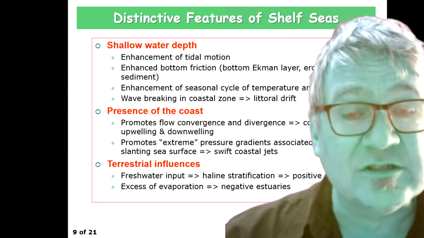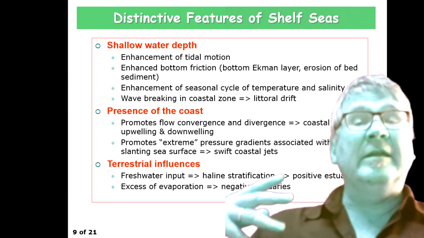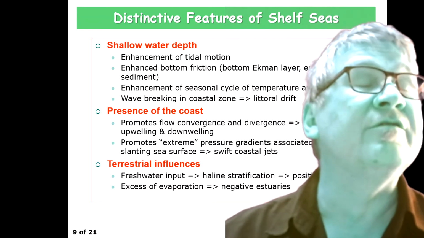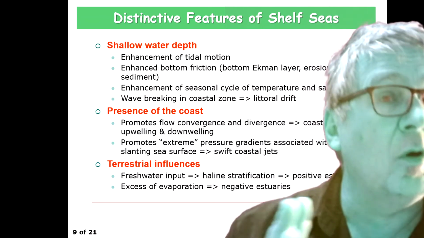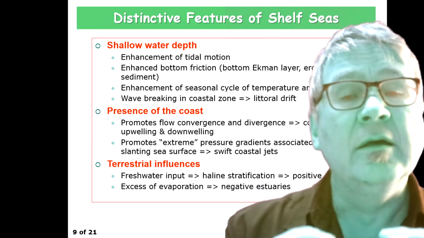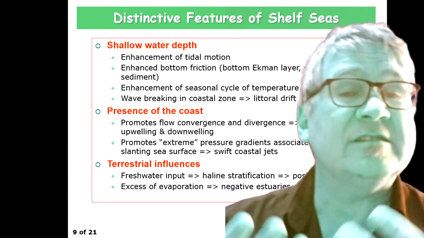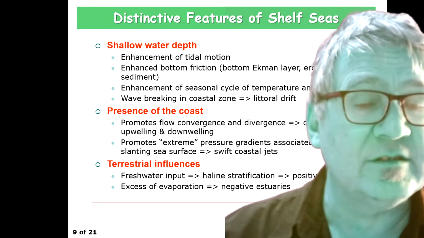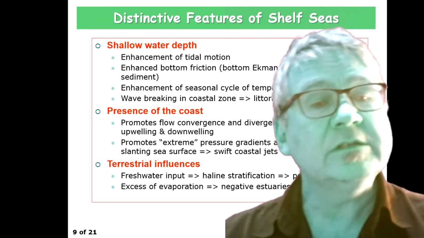So it creates positive estuaries, and in remnant river systems, the excess of evaporation creates negative estuaries. And that's what we call terrestrial influence. Here you have a much stronger influence of the water cycle on specific features of estuaries. So, all right.